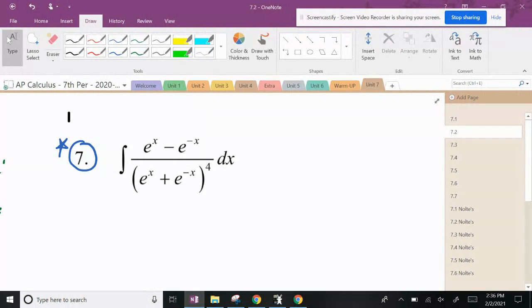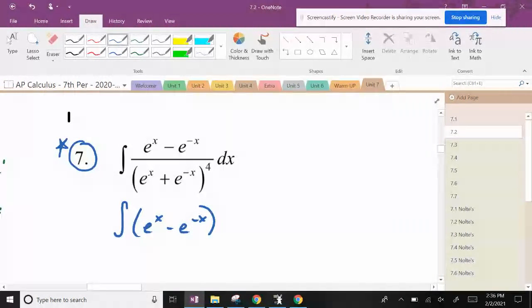All right, so first thing that I want to do, because it's written as a fraction, is I'm going to rewrite it. Watch how I rewrite this. e to the x minus e to the negative x, group it, times e to the x plus e to the negative x, notice those are the same, to the negative 4th power, dx.